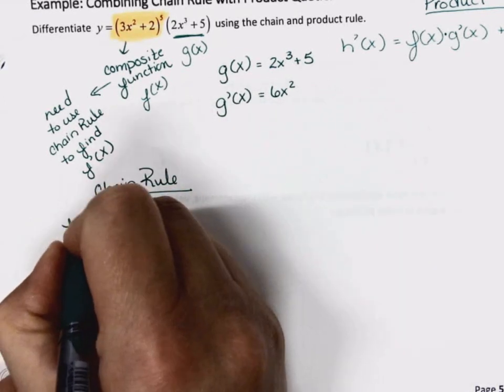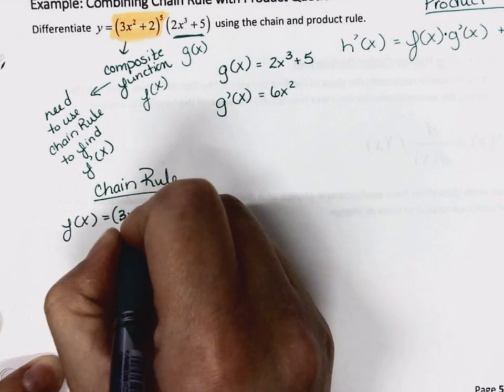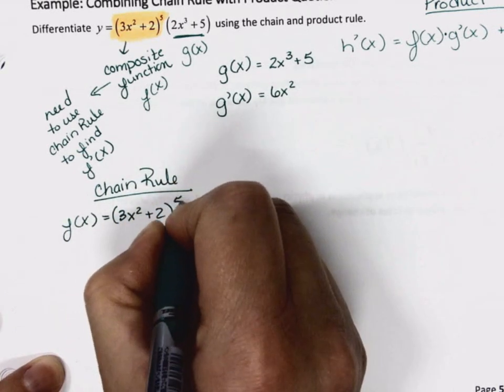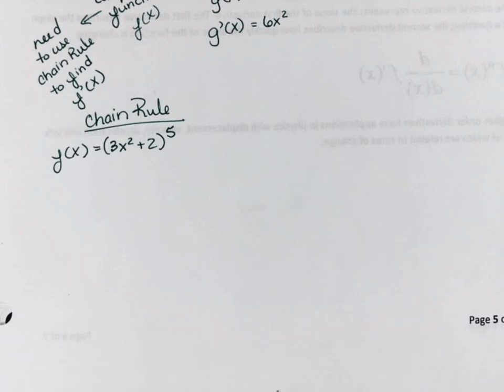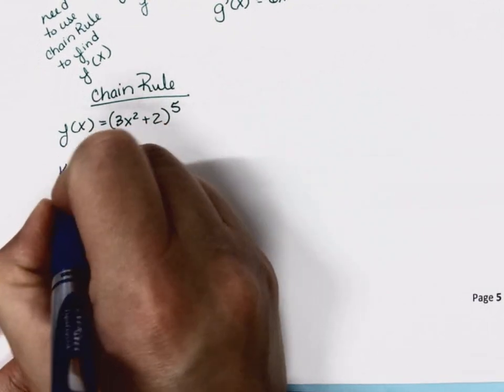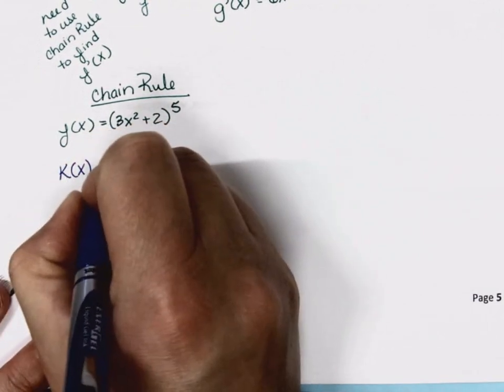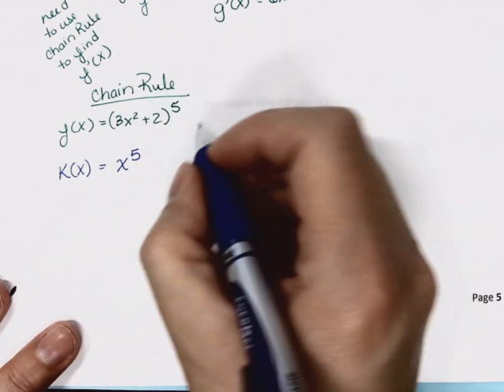So we have f of x is equal to 3x squared plus 2 to the exponent 5. All right, now we can't use f of x and g of x again because they're already being used for the product rule. So I'm going to bust them apart and I'm going to use k of x as the outside function. So that would be x to the exponent 5.